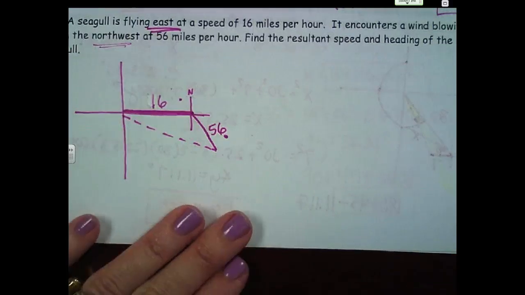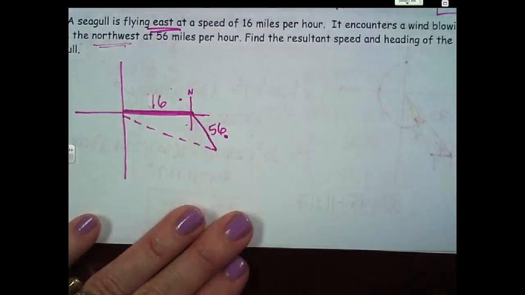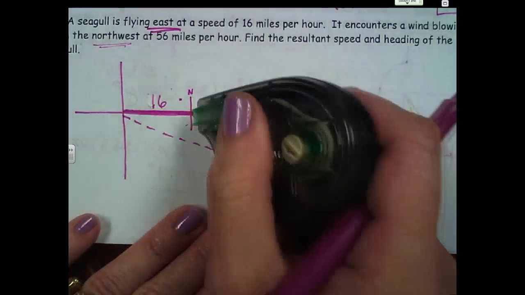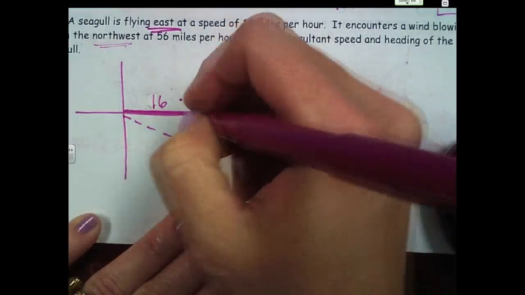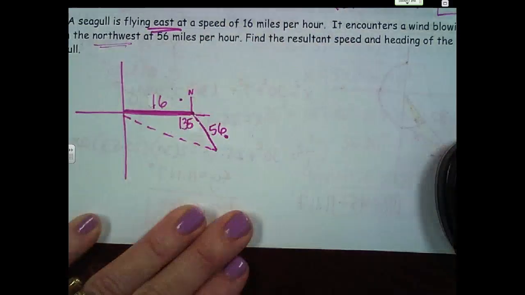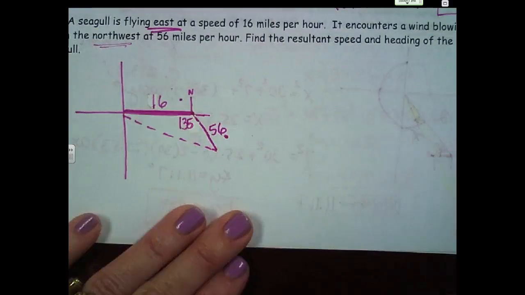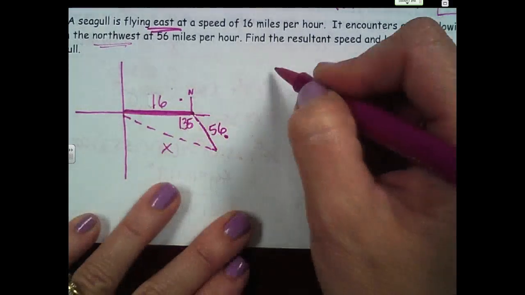Okay, we always have to find this angle here. Well, this part is 90 and this part is 45. Okay, so together this makes 135. So that's 135. Okay, and I'm looking for x, the side across from it. So for my law of cosine, always starts with the side.